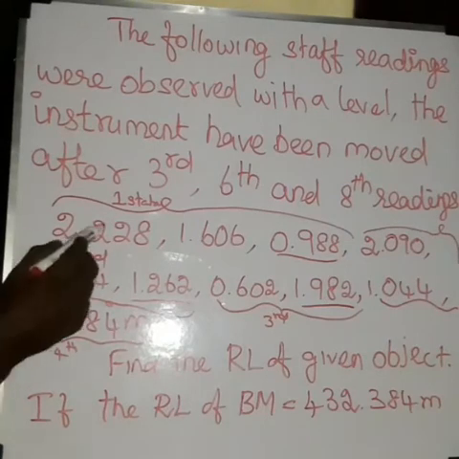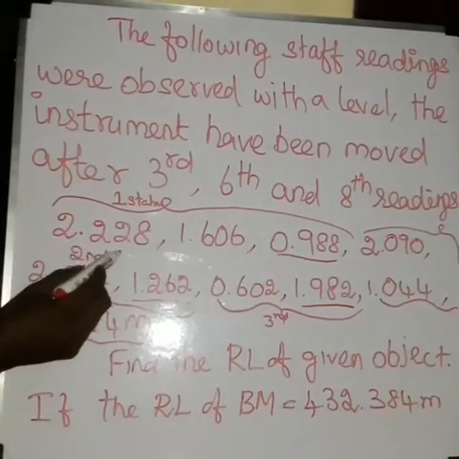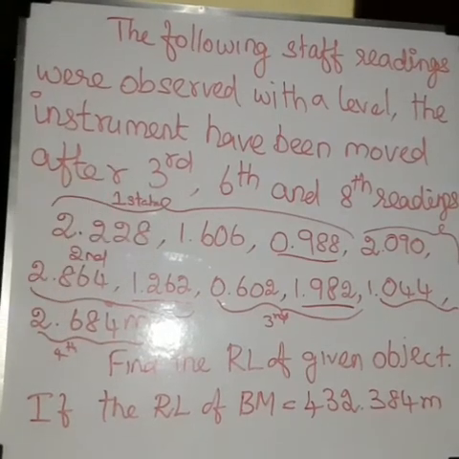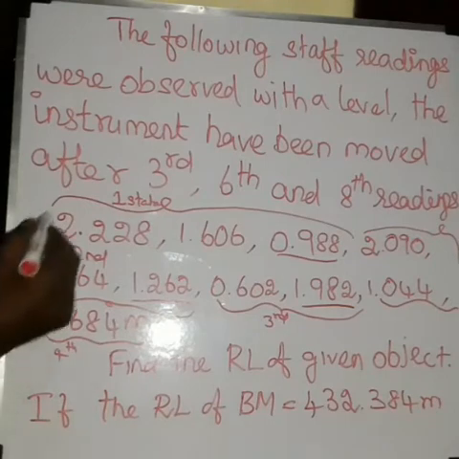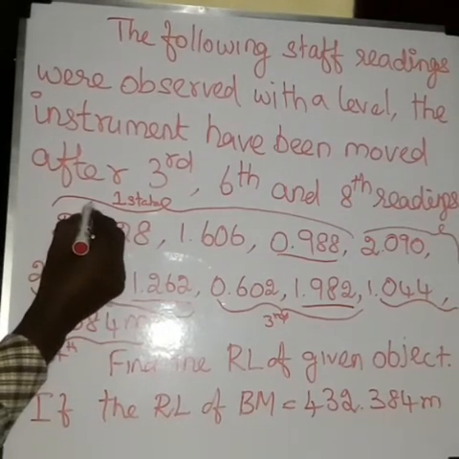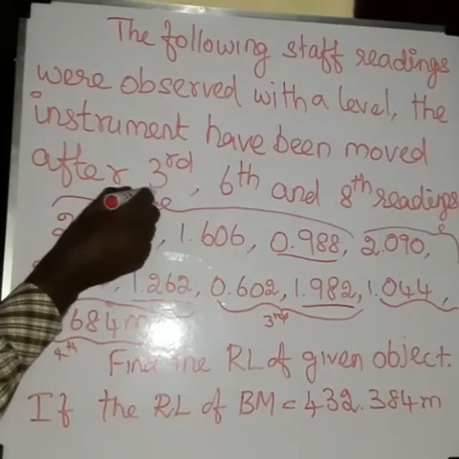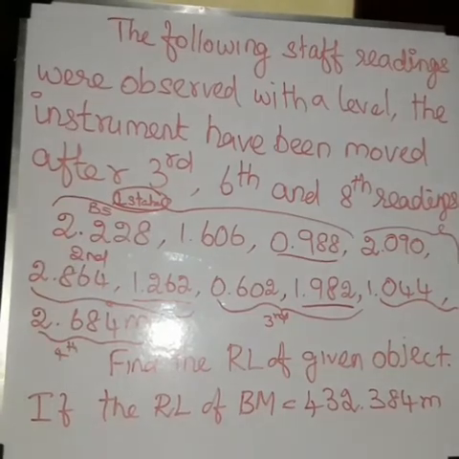Here, at the first station, the first observation taken from every station is known as backsight. Already we know backsight is the first observation taken from the station. So the first reading is called the backsight reading for station 1.